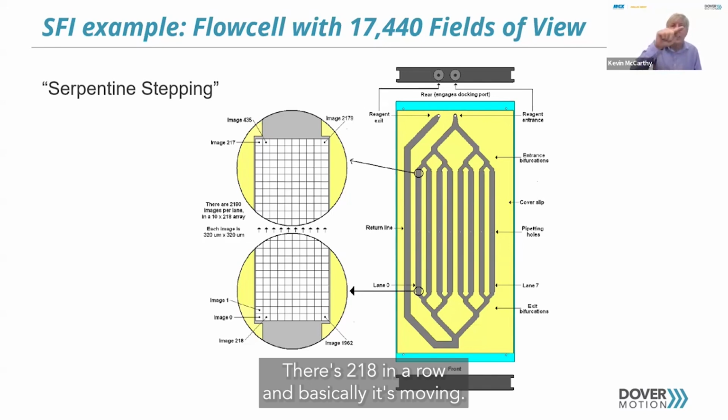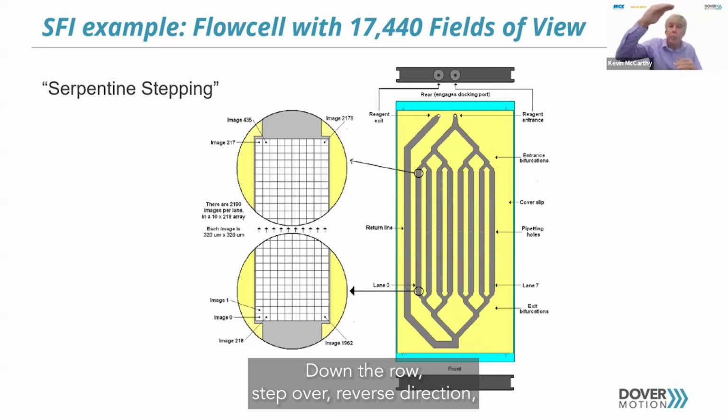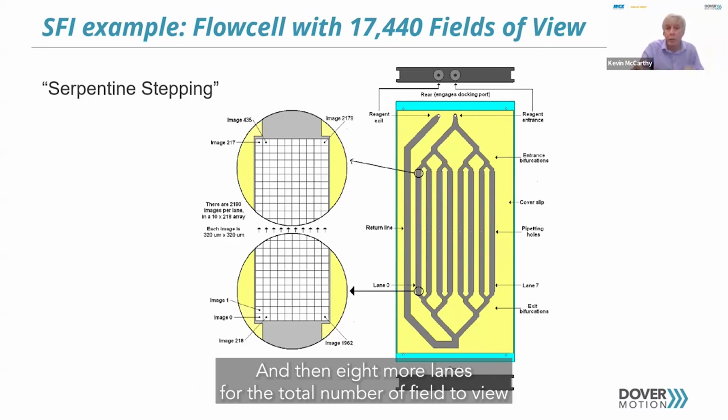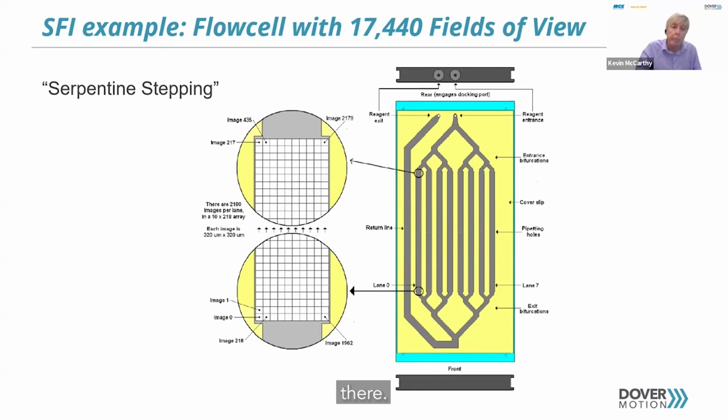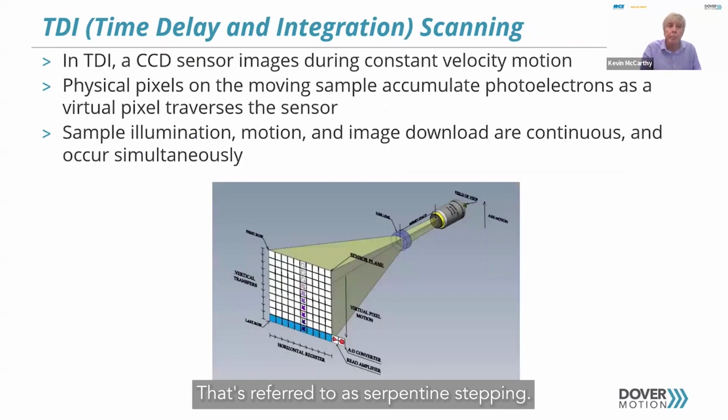There's 218 in a row, and basically it's move, stop, take a picture, move, stop, take a picture down the row, step over, reverse direction, and then continue, complete that lane, and then 8 more lanes for the total number of fields of view there. That's referred to as serpentine stepping.